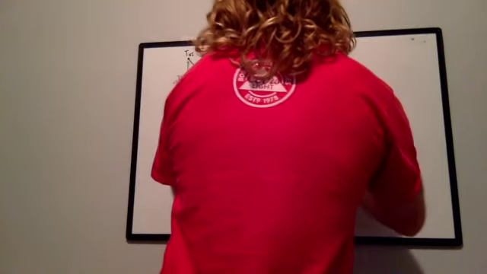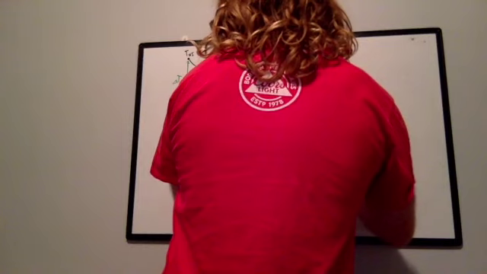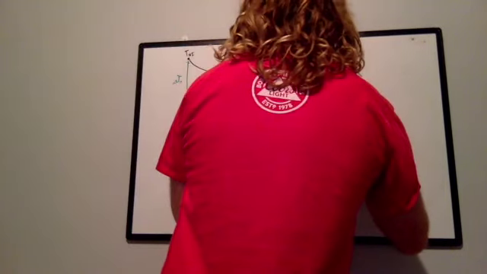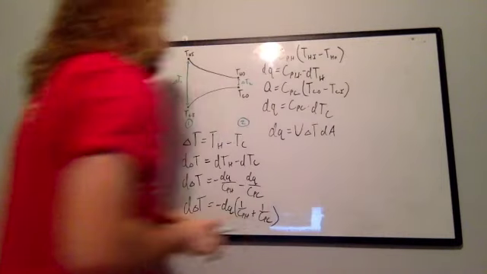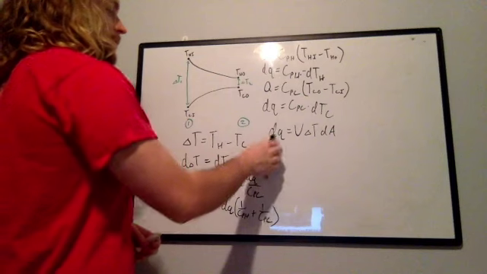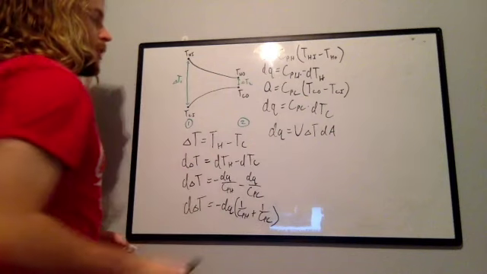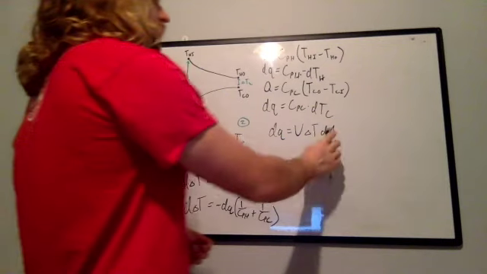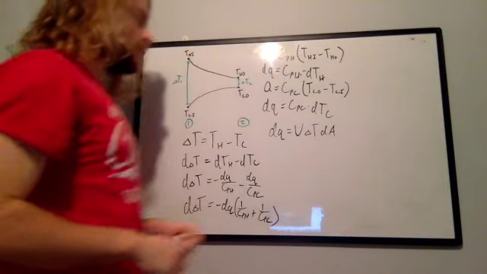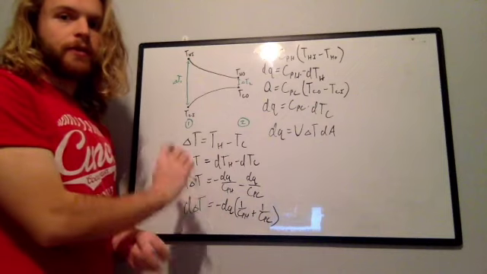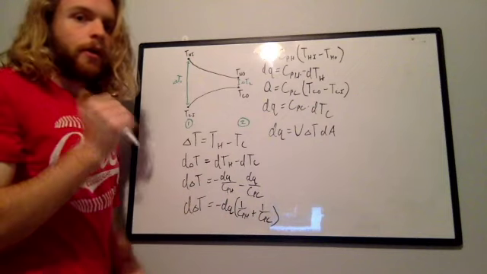And then this is going to be multiplied by the change in the temperature, and then also multiplied by the differential change in the area. And this is differential change in the area just because this is the differential change in the heat being exchanged. If this was just the normal heat being exchanged, this would be the normal area, all right? So we can go ahead and substitute this in down here for dQ, and that's what we'll go ahead and do now.